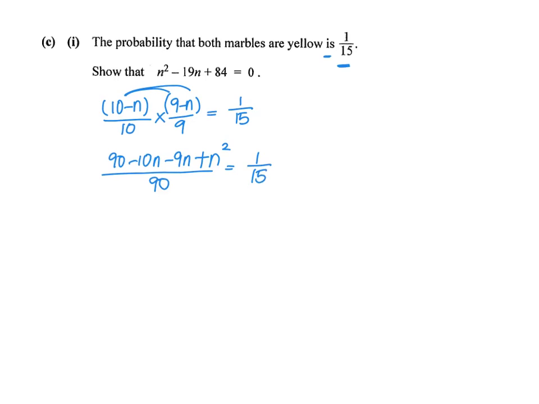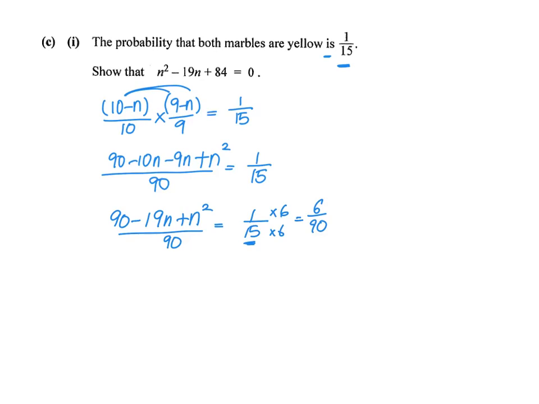Let's simplify our numerator. We'll get 90 minus 19n plus n squared. Notice that for this denominator 15, if we were to multiply by 6, we will actually get the denominator 90. So this will be 6 over 90.